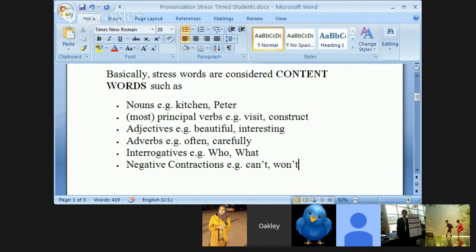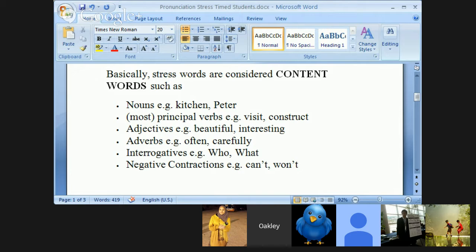We stress these in sentences in order to show the contrast between the positive and the negative. I can swim. Can is greatly reduced. I can drive a car. It sounds like can, very fast, very reduced, not important. Belongs in the function words, which we're going to look at.